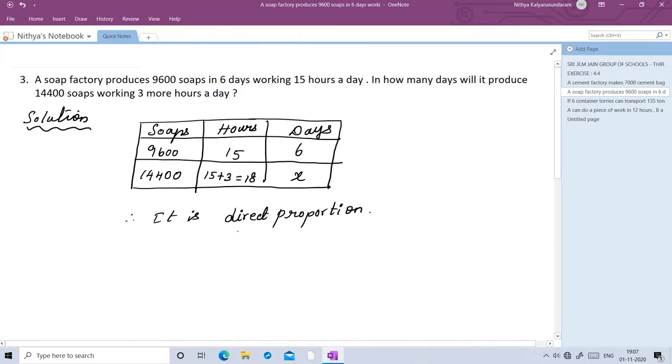So it's a direct proportion. To produce more soaps, more days are required.